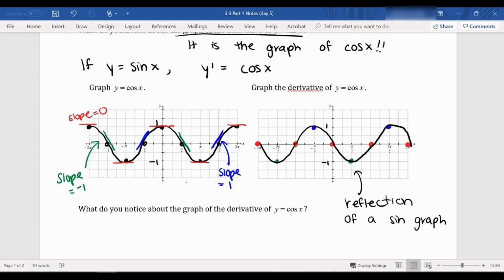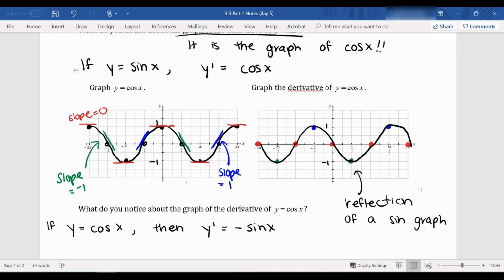What this means is that if we have y equals cosine x, then y prime is actually equal to negative sine x.